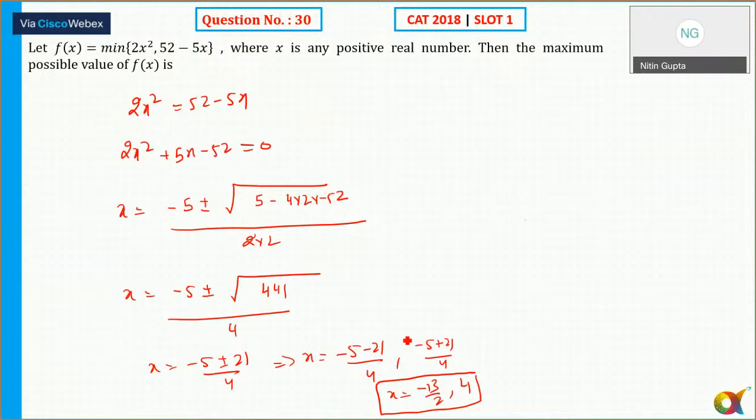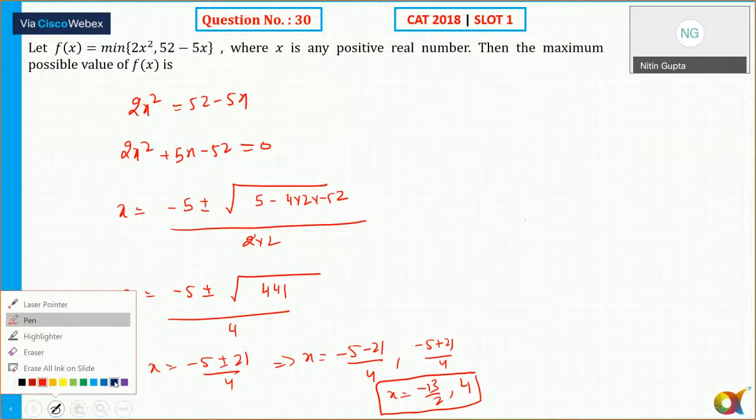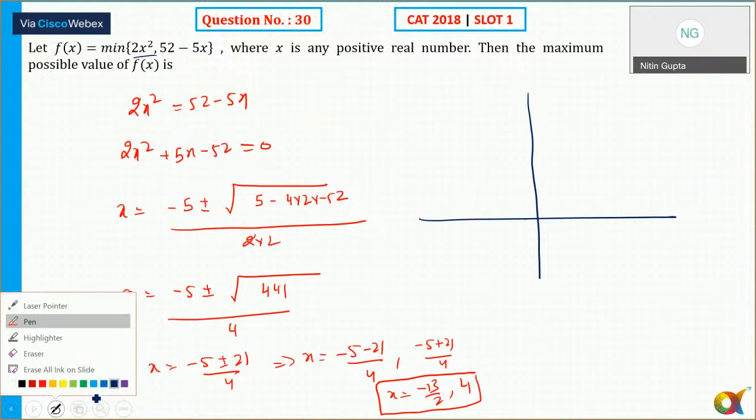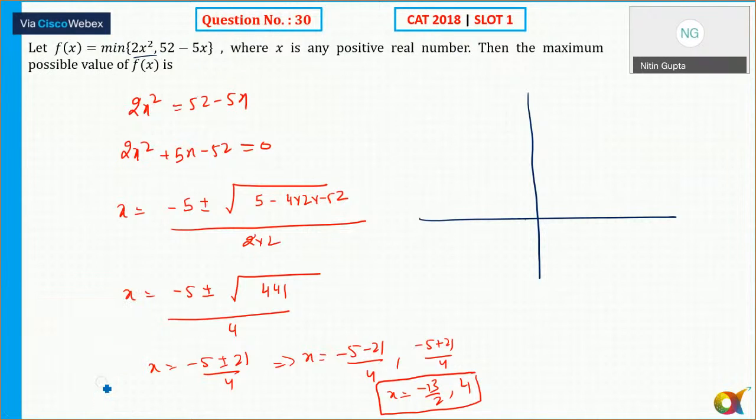And I also told you in the class, if you remember, that whenever there is one quadratic and one line, you need to be very, very careful here. The graph of 2x square is a parabola passing through origin. Now the other one is 52 minus 5x.